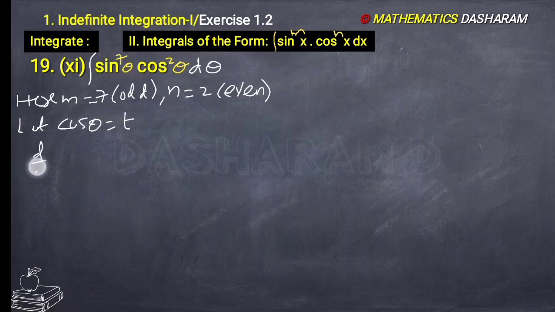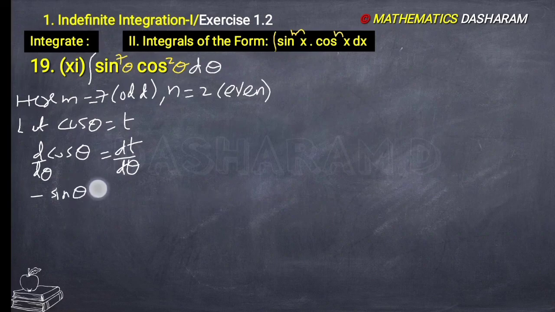Now take the derivative on both sides with respect to theta. The derivative of cos theta is minus sin theta d theta equals dt. So sin theta d theta equals minus dt.